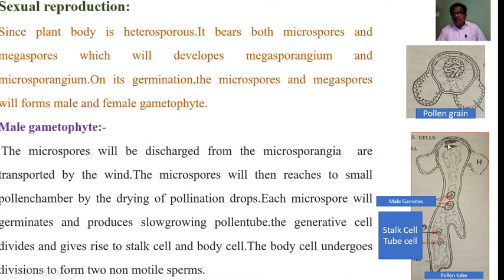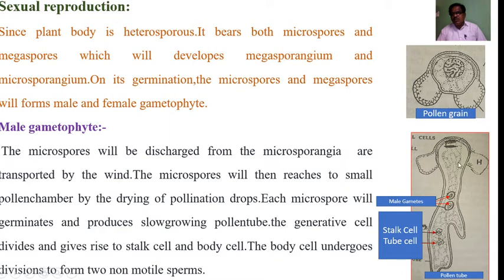First of all, the cells divide into two. Each winged pollen grain is uninucleated, tri-layered, and has wings. This single cell divides into two cells: one is the generative cell and the second is the tube cell.